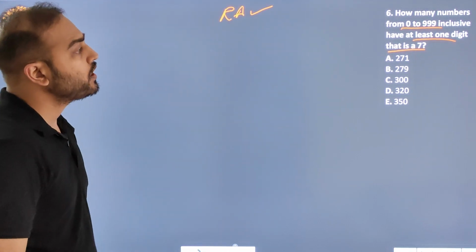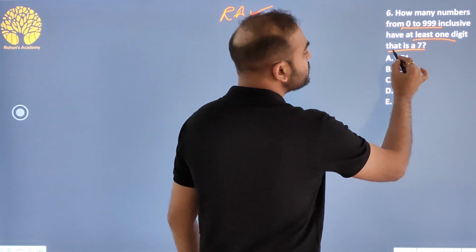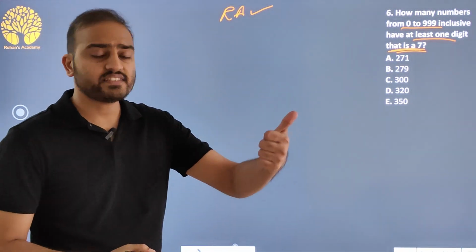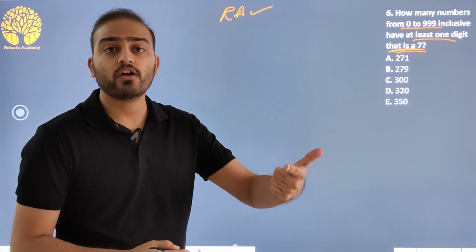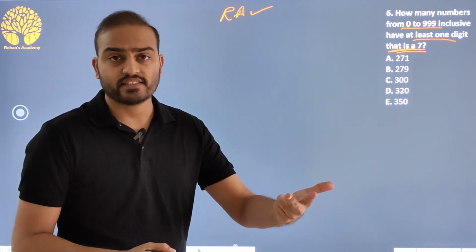Now the question comes, I want at least one digit to be a 7. So I can have one 7, I can have 2 digits as 7, or I can have all the 3 digits as 7.